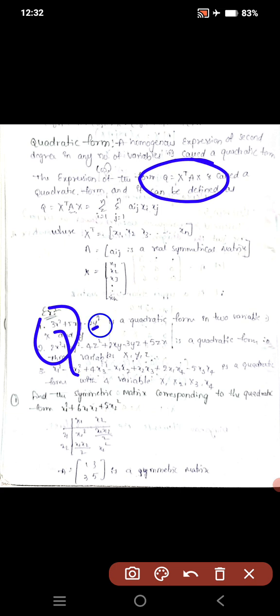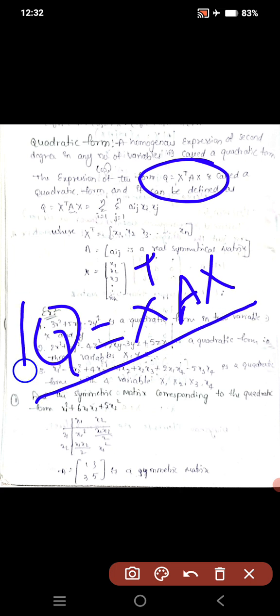Understood? So symbolically you can write the quadratic form. The expression of the quadratic form, see there is one Q equal to X power T into A into X. This is called a quadratic form.